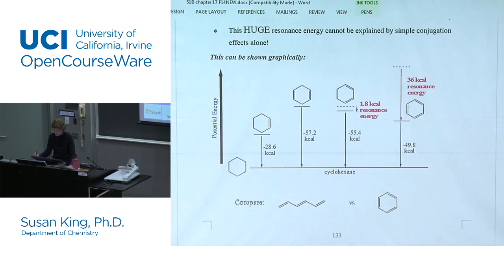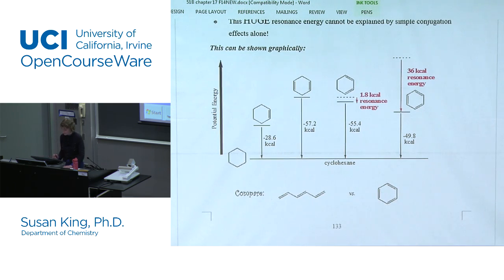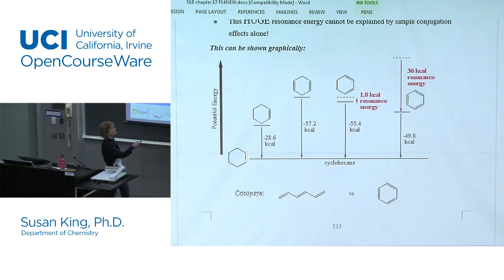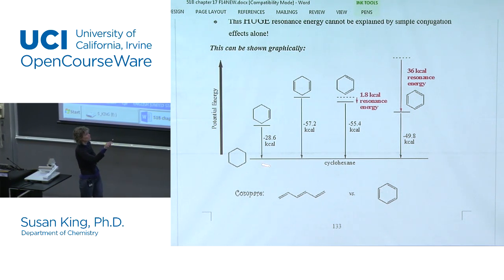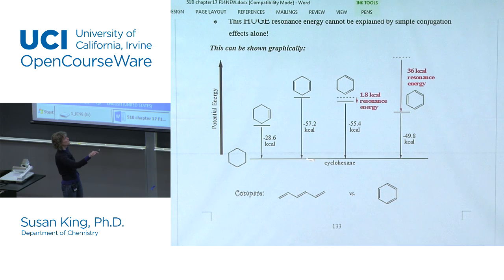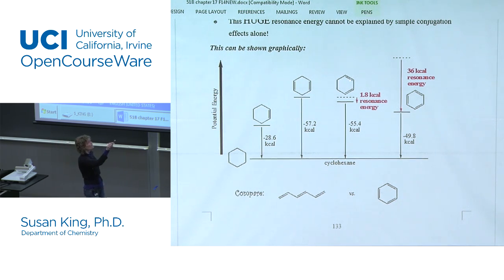So here's what we actually have, graphically. We're hydrogenating each of these, so they're all going to the same product, cyclohexane, and that's the energy for cyclohexane. We start here with one double bond, which releases minus 28.6. Two isolated double bonds, twice 28.6. Now we have them conjugated.